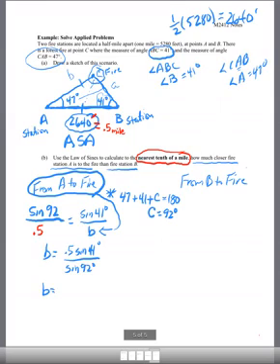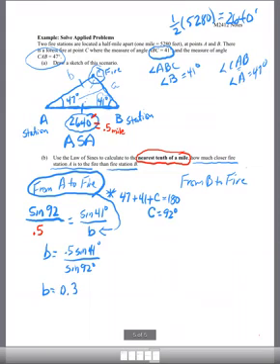And let's see what we end up with. So calculate 0.5 times sine of 41 degrees, and then divide that by the sine of 92 degrees. And you'll find out that B turns out to be 0.3.